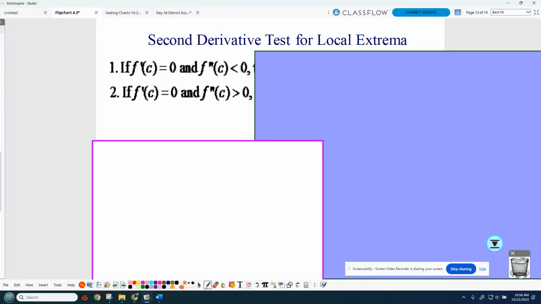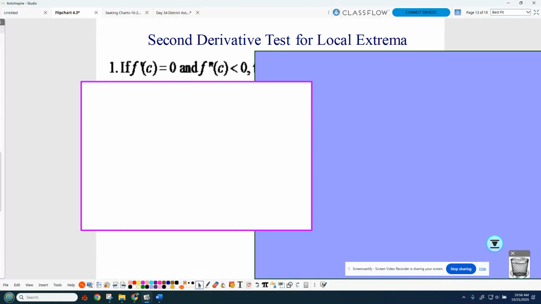If I tell you the first derivative is 0, and the second derivative is less than 0, what do I know is going on? It's a local maximum.